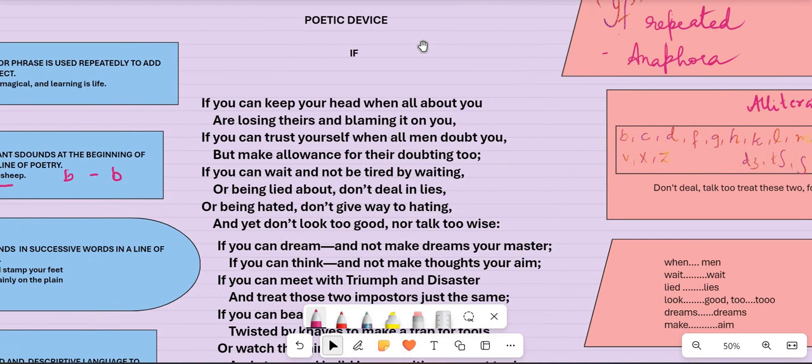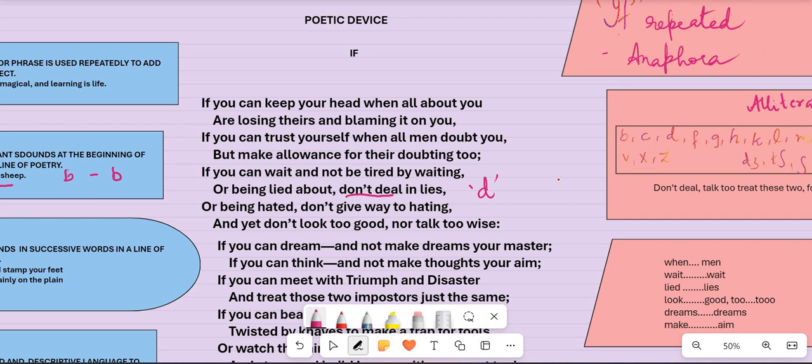Okay, let's take the poem. Can you identify alliteration from the first stanza? Yes, if you say don't deal. Which sound is repeated here? The D sound is repeated in don't and in deal.